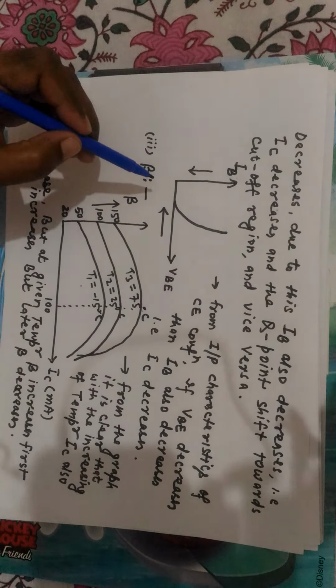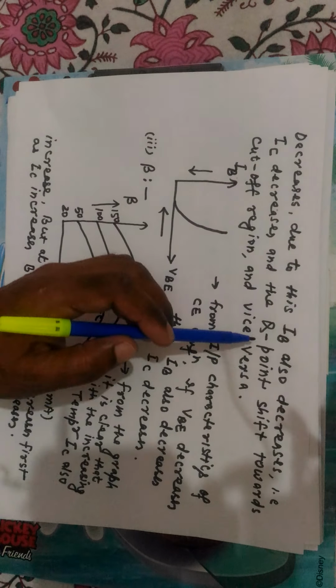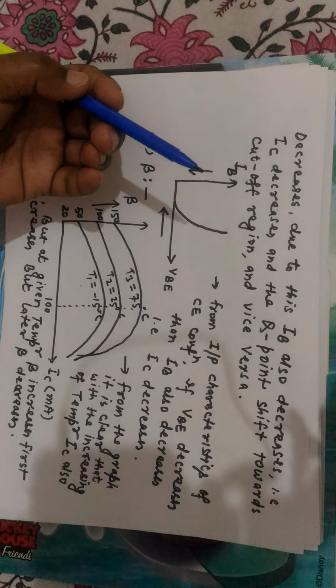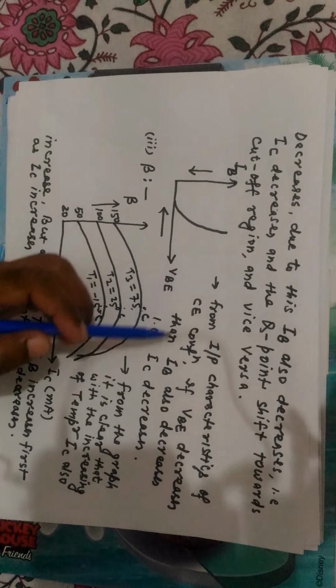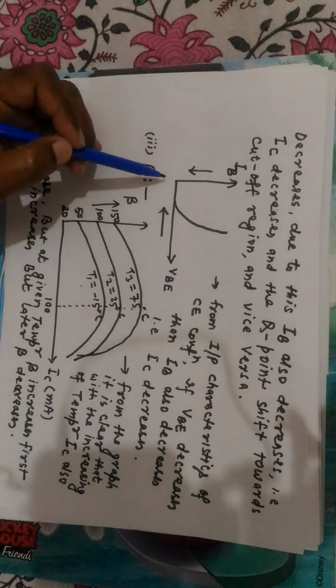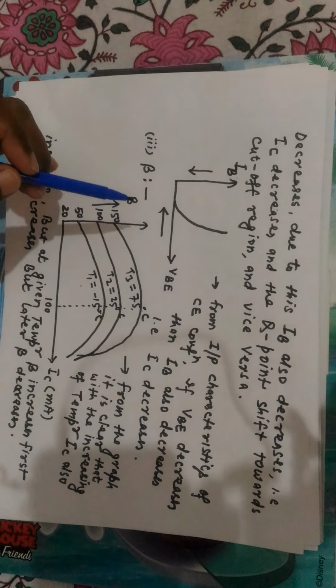If IB decreases, this means IC decreases, and IC decreases means the operating point shifts towards the cutoff region, and vice versa also. So from the input characteristic you can see that if temperature increases, VBE decreases, and VBE decreases means IB decreases, and IB decreases means the transistor switches into the cutoff region.